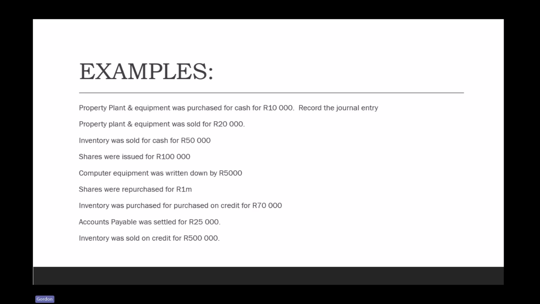At the same time, an asset is going to decrease: cash from my company is going to decrease. And if an asset decreases, it's a credit. So whilst one part of my asset, which is equipment, has increased, another part of an asset has decreased.